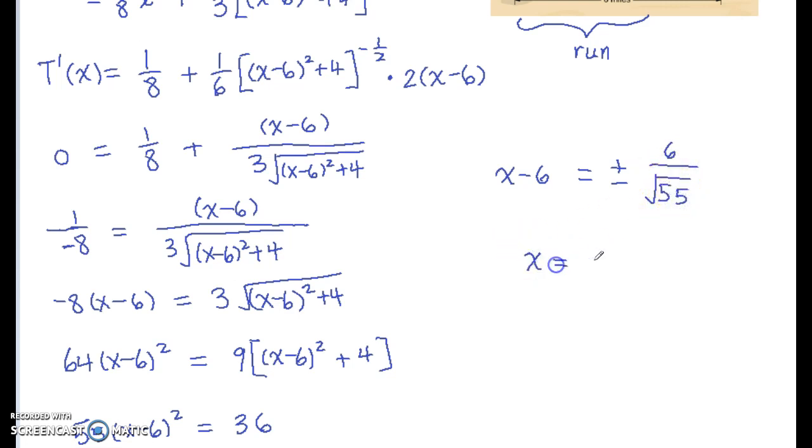Therefore, x equals 6 plus or minus 6 over the square root of 55. But x is a distance that has to be less than 6, so it cannot be a plus, it must be a minus. So this is the solution for x. What it means is x is approximately 5.19 miles. So the visitor needs to run for 5.19 miles before he swims to minimize the time to reach the island.